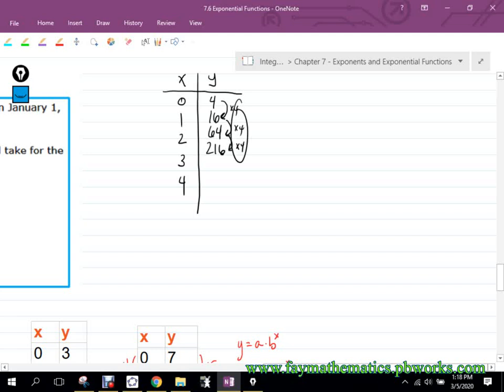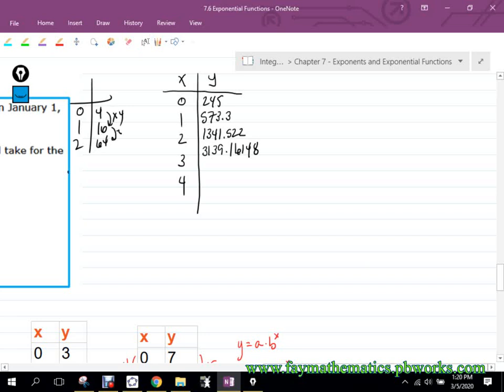Okay. But what if we're on the test and the test has a chart filled out for us already, but it's not a nice chart like that? So let's say that we get to the test and they have a chart filled in for us and they're telling us this is exponential, and we got to figure out what that common ratio is. Just like the last one, you could see that it's times 4.